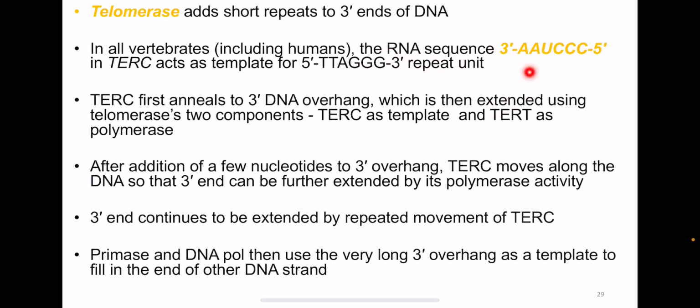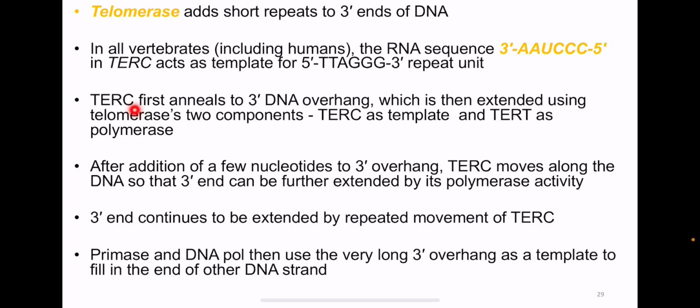That's the RNA sequence in the TERC component serving as a template for the TTAGGG. Don't be confused: this is the RNA component, that's why I'm seeing U. But this tandem repeat of the telomere is a DNA, even though it was synthesized from an RNA. That's why it is synthesized by a reverse transcriptase. It is a DNA segment, that's why it has a T, but the template has a U.